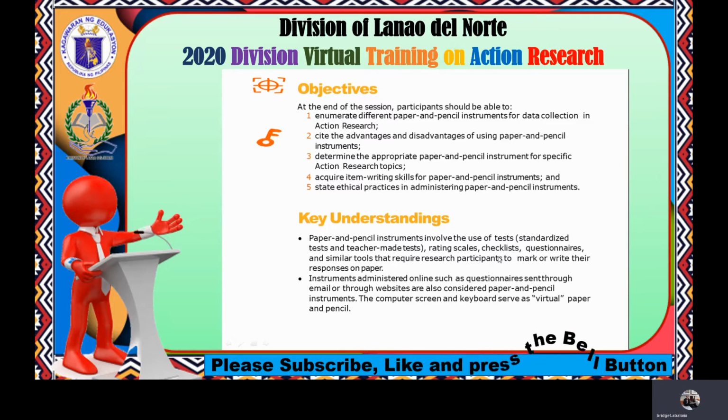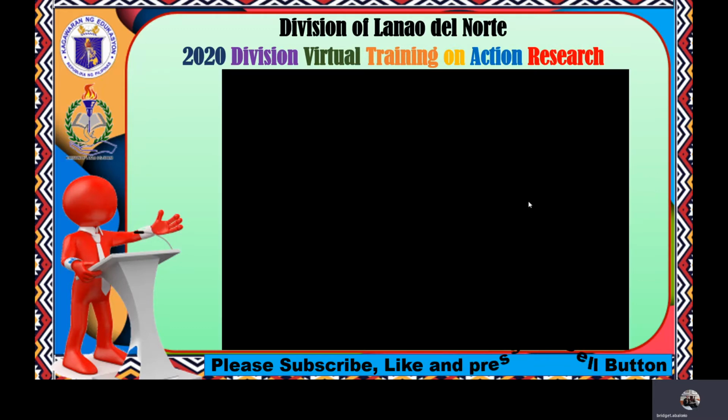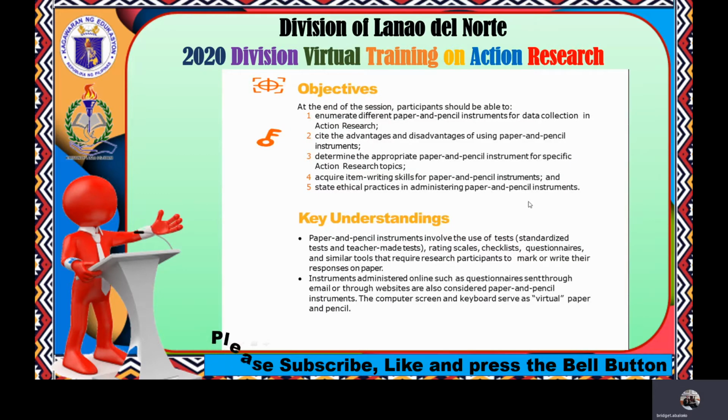So the key understandings are the following. Paper and pencil instruments involve the use of tests, standardized tests, and teacher-made tests, rating scales, checklists, questionnaires, and similar tools that require research participants to mark or write their responses on paper.